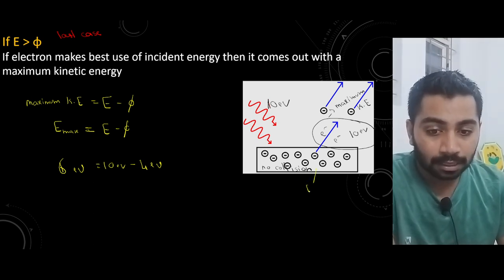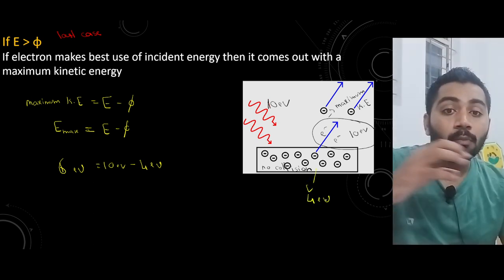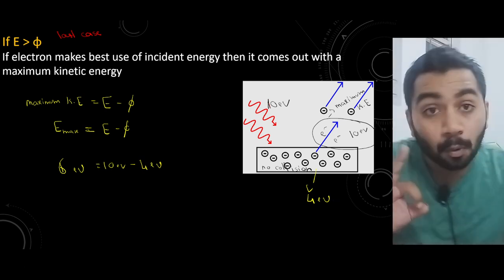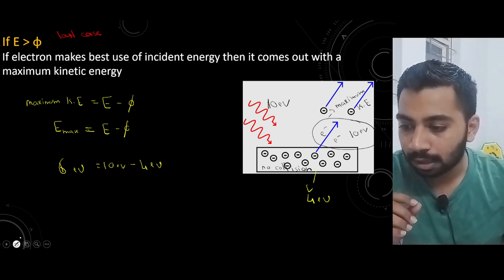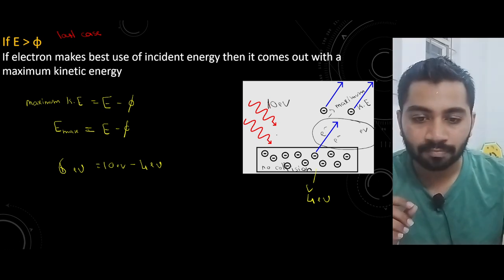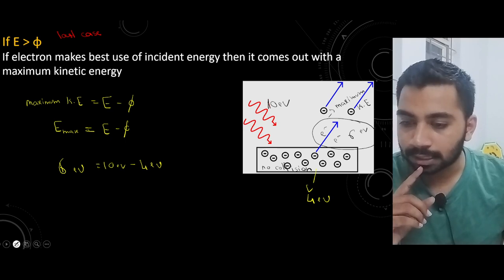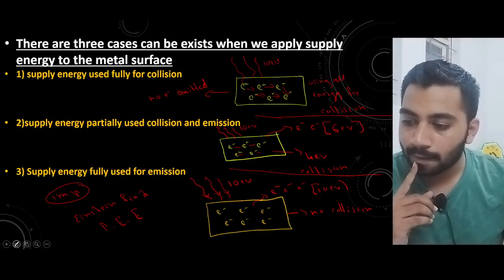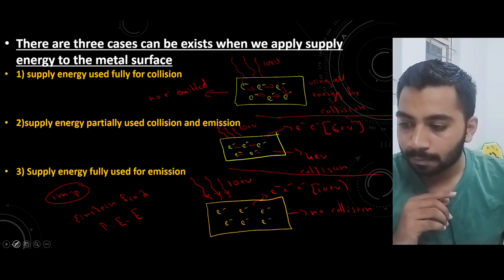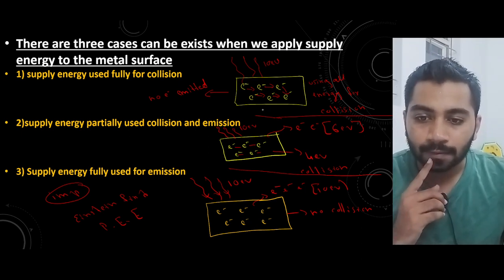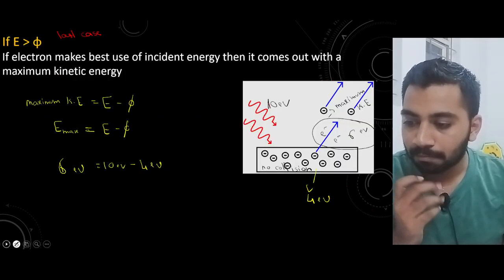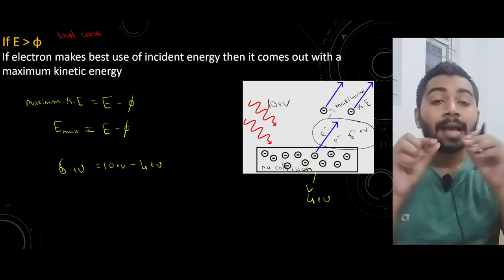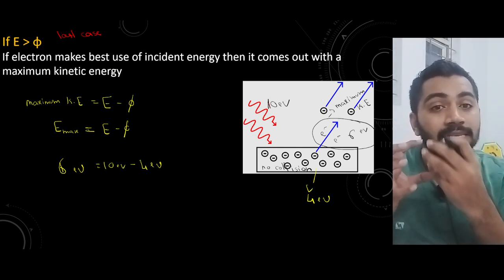For suppose this metal has work function, which means the amount of energy required to come outside. Above that energy, it is not using any more. Now, a metal has some work function, which means the minimum energy required.